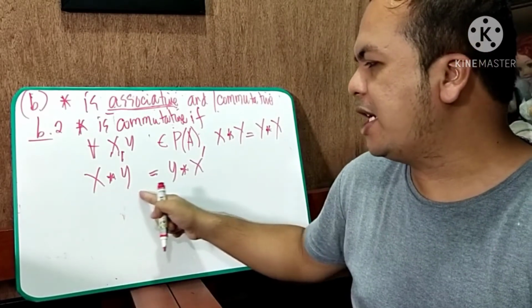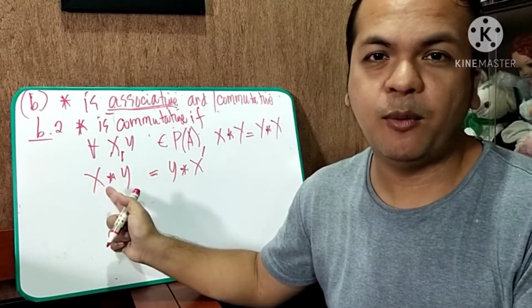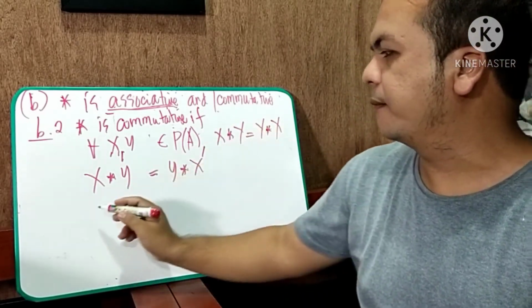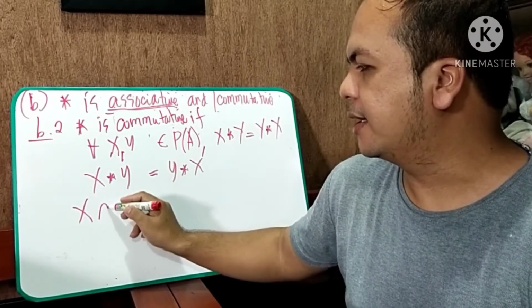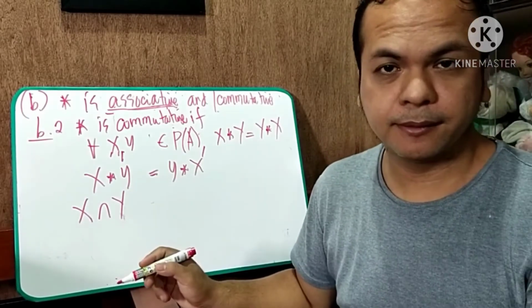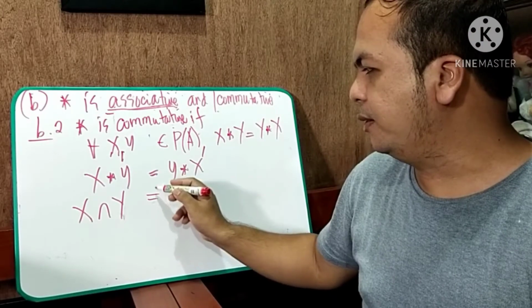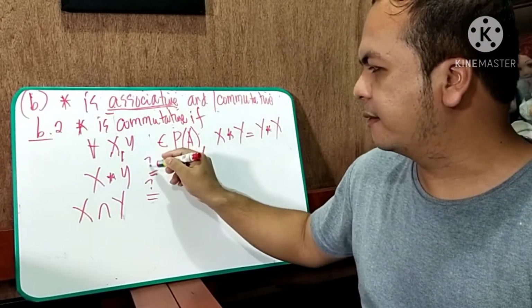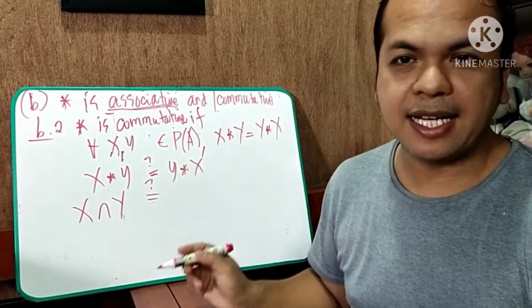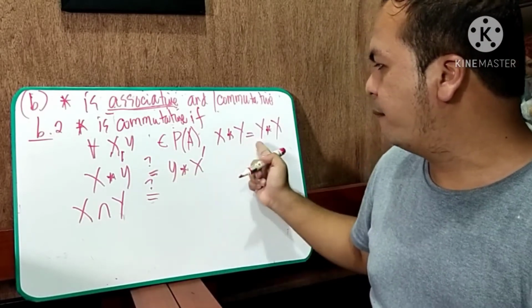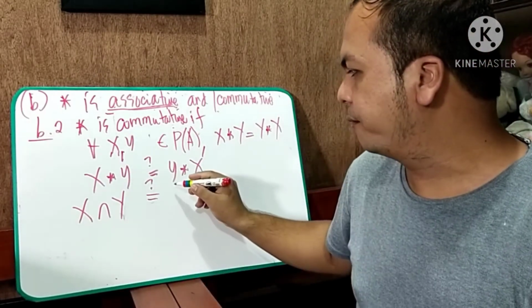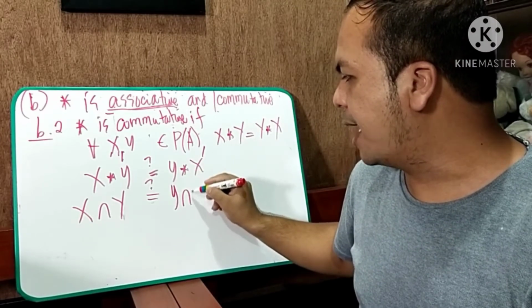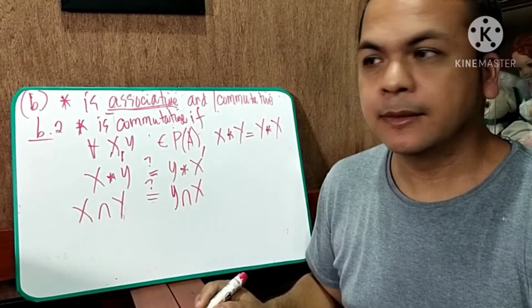So, by definition, ano yung ating x star y? By definition is what? It is x intersection y. Is that equal to this? No? To y star x. What is y star x based on the definition? Ang y star x is y intersection x.